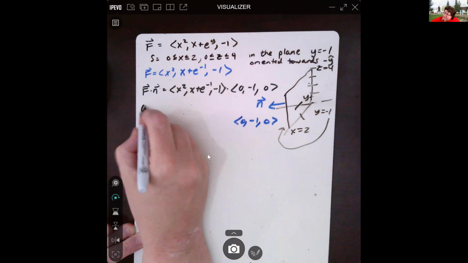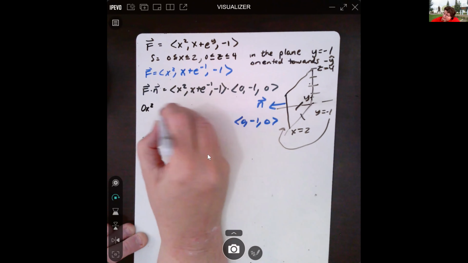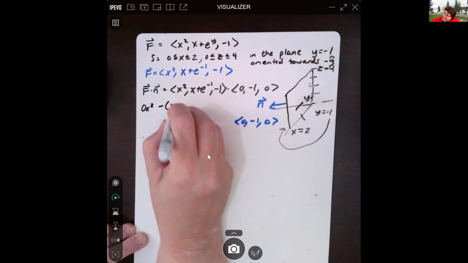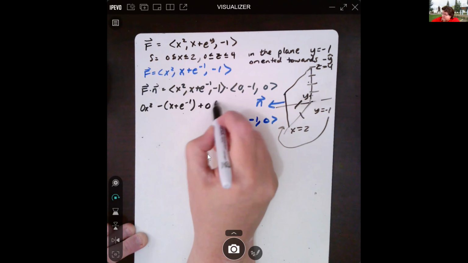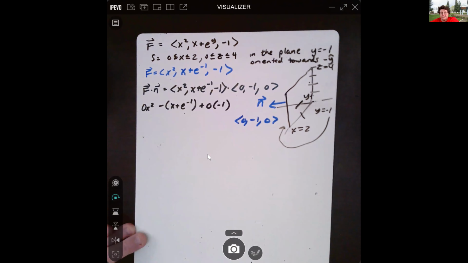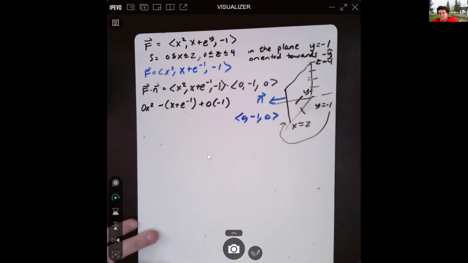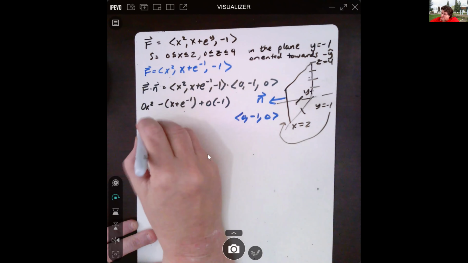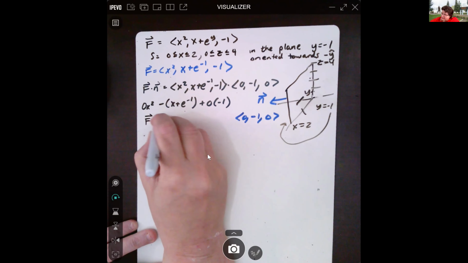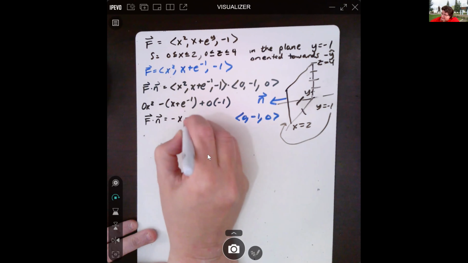So we'll have 0 times x squared, minus x plus e to the -1, plus 0 times -1. I realized some of those zero out, but I didn't just want to jump to it. Not everyone's stellar at dot product yet. So my F dot N is -x minus e to the -1.